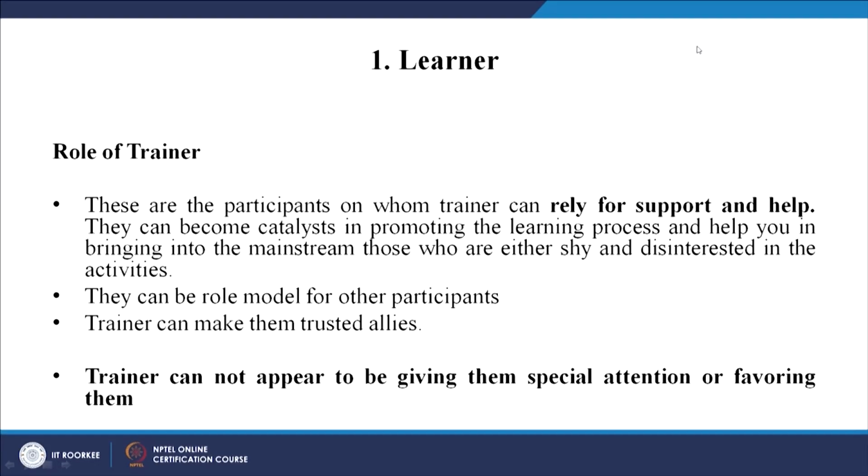They can become catalysts in promoting the learning process, and they help us in bringing into the mainstream those who are either shy or disinterested in the activities. So, in the group, if more learners are there, they will isolate the disinterested, not the shy.